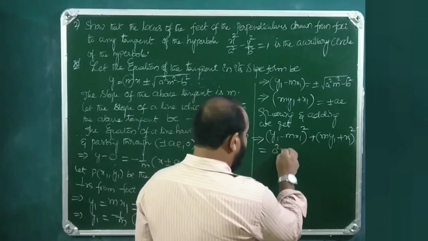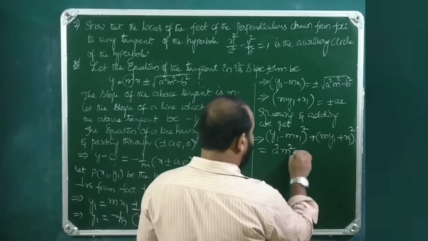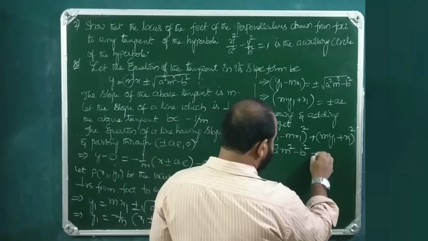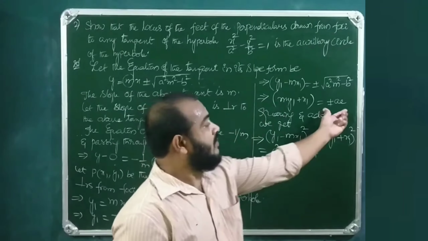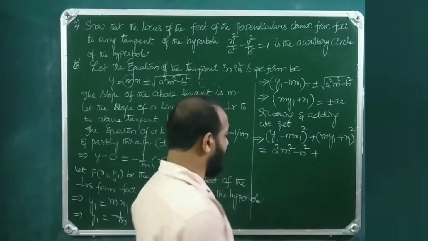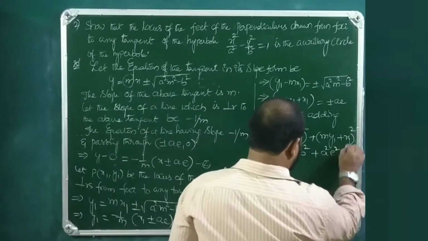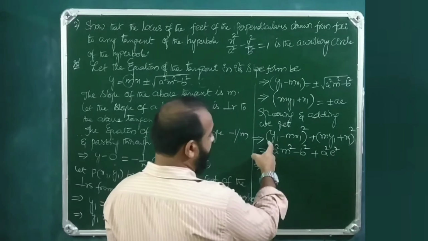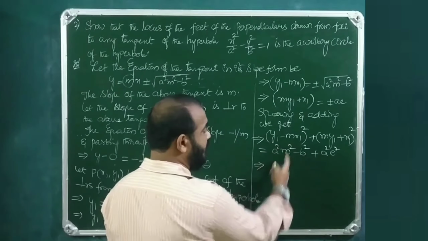This is a square m square minus b square plus a square e square. And the left side is a square plus b square minus 2ab.